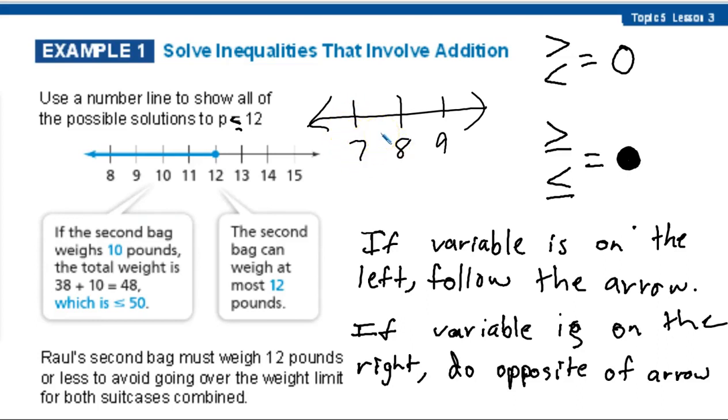So if we have x is greater than 8, that means we go to 8, and we will have an open dot on 8, because that means it cannot be 8. That is why it is open. It must be greater than 8. An open dot does not include the number that it is on.